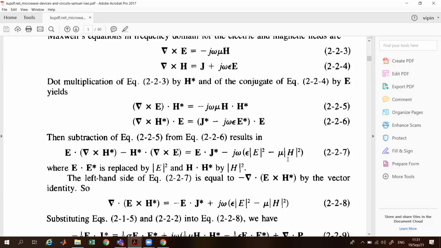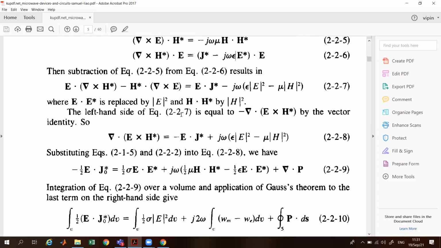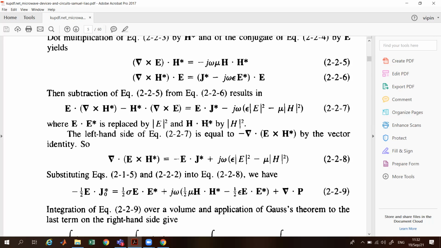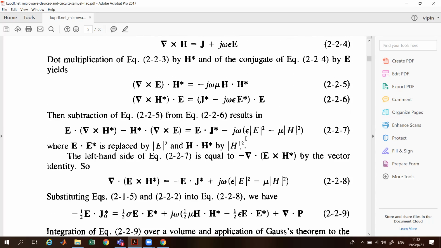So E vector dot E conjugate equals the magnitude of E squared, and H vector dot H conjugate is H squared. The left-hand side of the equation equals the divergence of E vector cross H vector by the vector identity. So we can replace this by divergence dot E vector cross H vector.